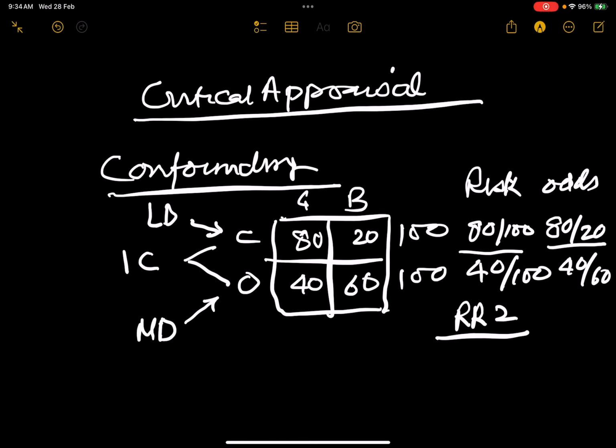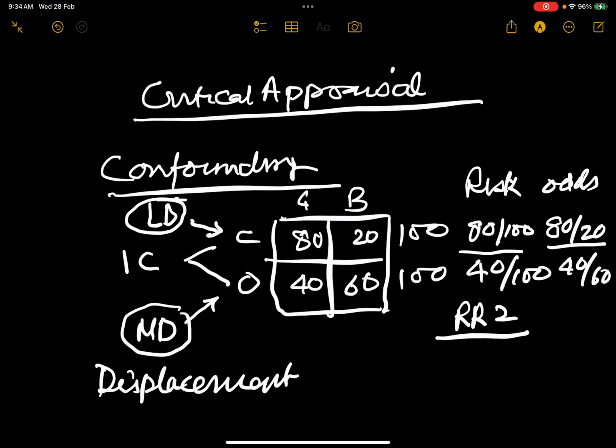And it is not the conservative and operative, but the more displaced and the less displaced fractures that explain this difference. Now, this factor, the displacement, is called the other explanation of the results that we are seeing. And this is a confounder.